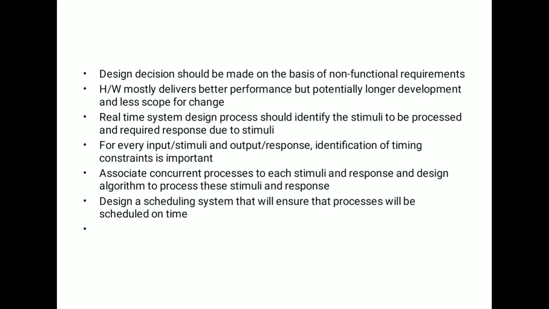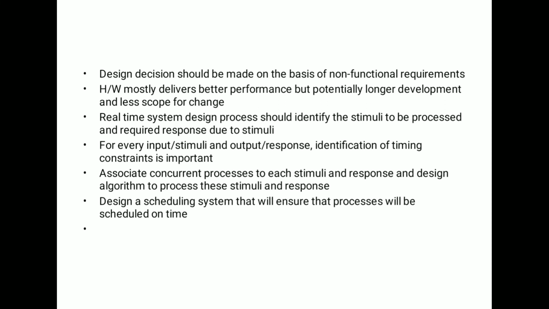Real-time system design process should identify the stimuli to be processed and the required response to those stimuli. Associate concurrent processes with each stimulus and response, and design algorithms to process these stimuli and responses.